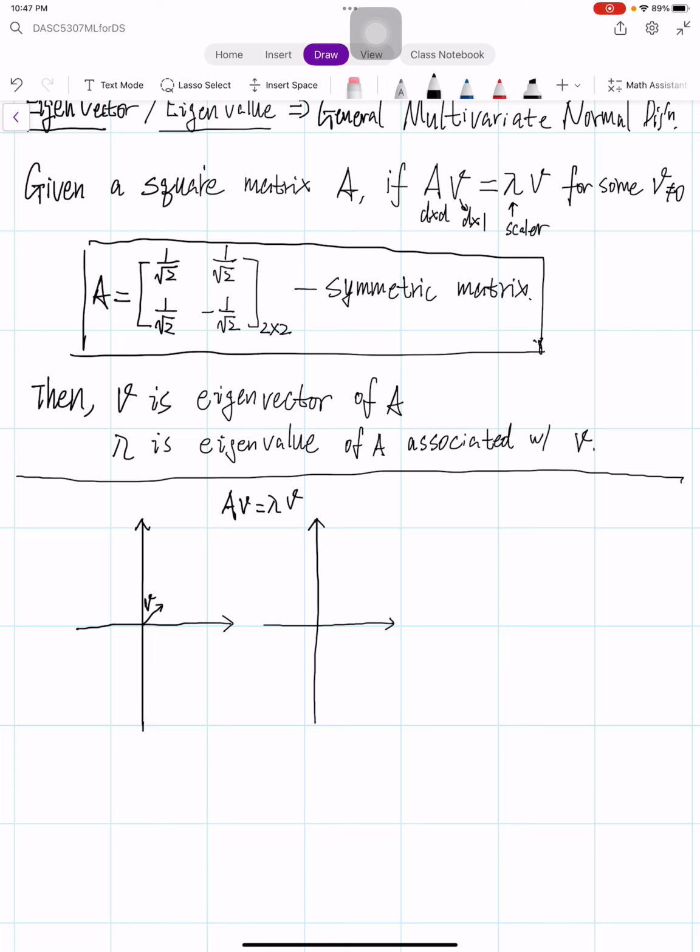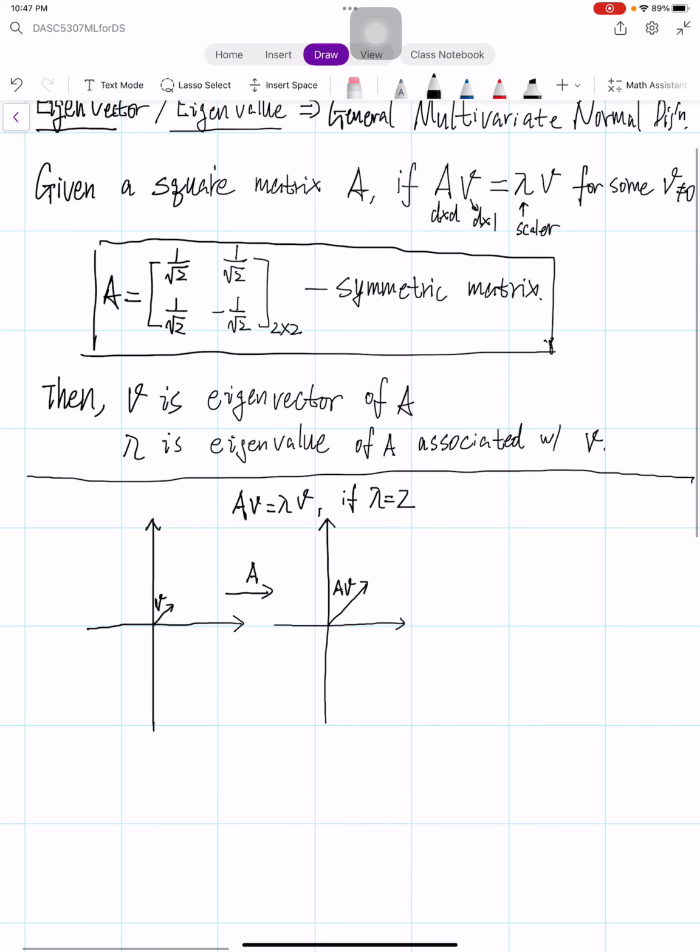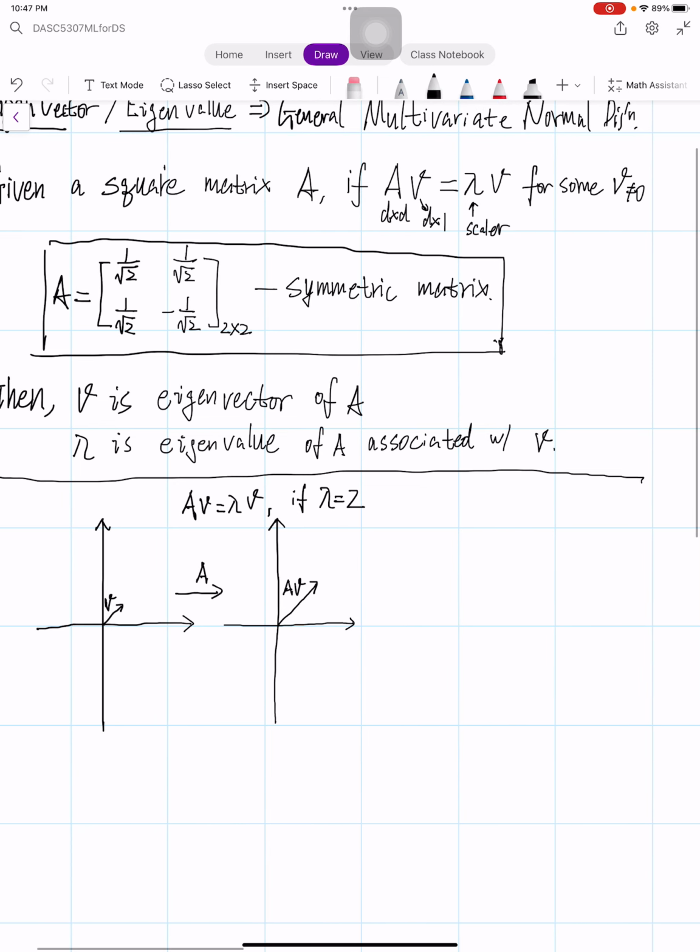Okay. For example, say lambda equals positive 2. This means if we multiply A to this vector nu, we just extend it, so this is A times nu. The direction is the same, but the length is multiplied by 2.